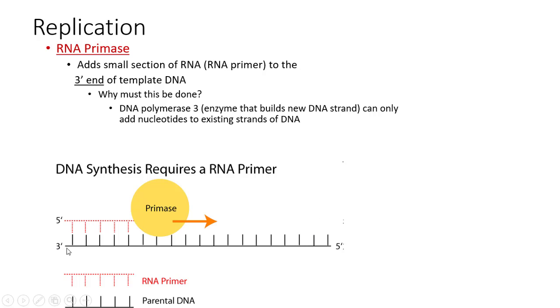Here the parental strand is 3' to 5'. So the RNA primer gives a complementary base pair to the parental strand for nearly 10 to 60 nucleotides. Then the DNA polymerase comes. It adds complementary base pairs to the parental strand.